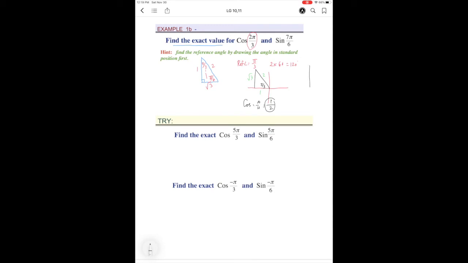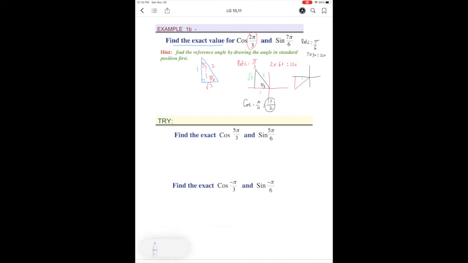Now the second one over here, so let's draw this. Remember the reference angle is pi over 6, or 30. And we have 7 times 30, which is 210. So 210 is in this quadrant.